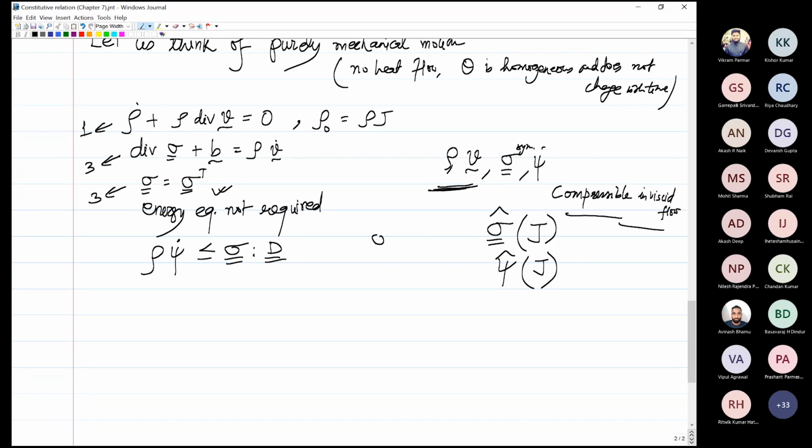So sigma at x comma t is simply sigma hat of J at x comma t, at the same location and at the same time. And likewise for psi. We have chosen a function which is local and without memory.